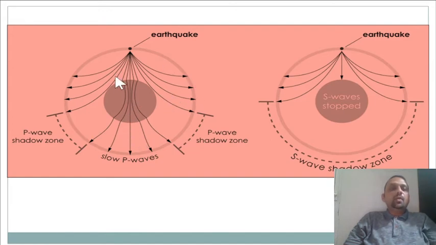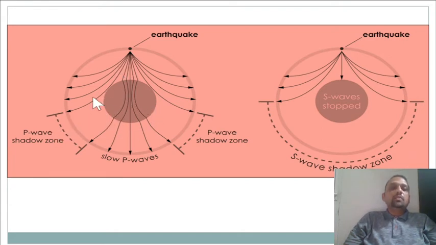Here you can see these P waves can pass through this medium and this material as well, but while passing through the core they change their direction or path. On the basis of that, we can say there is a change in medium from this place to this place. So due to the core, there is a shadow zone of P waves. No P waves will reach that point because of this core.